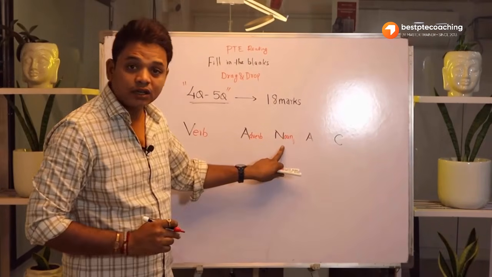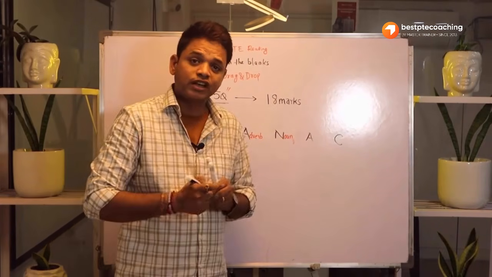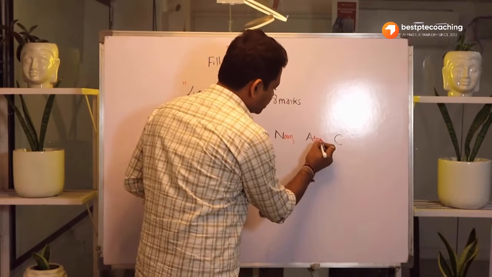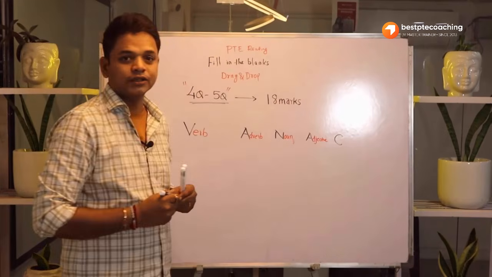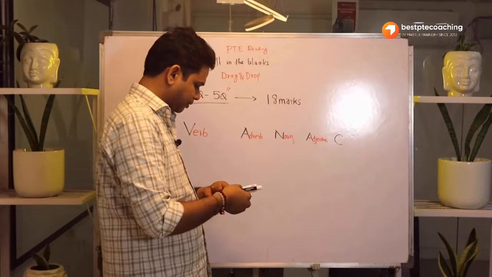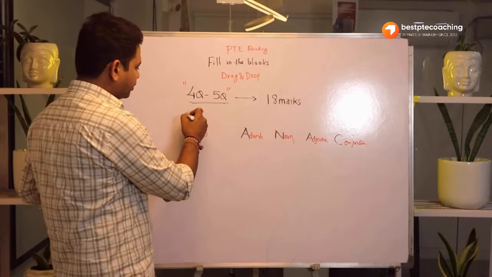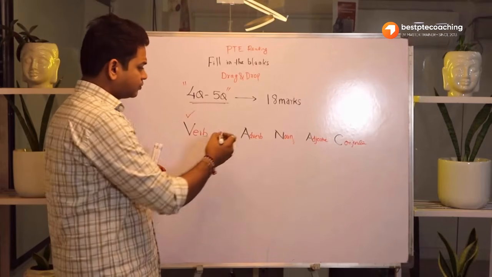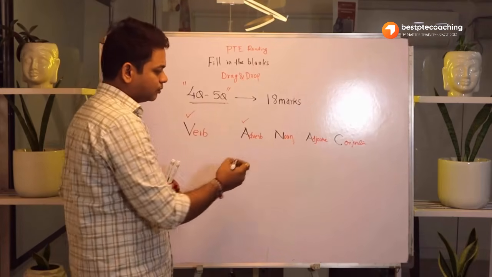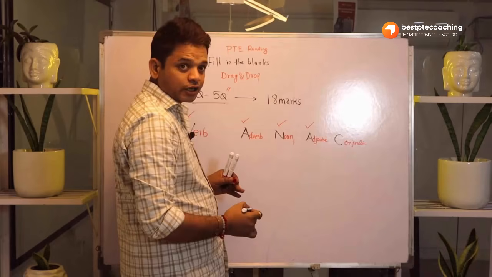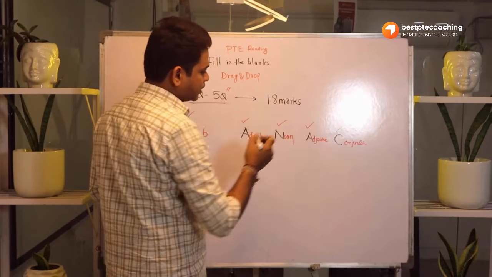The missing word can be most of the times what? Noun. The other one, the missing word can be what? Adjective. And the last thing, it can be what? A conjunction. So, V is verb, A is adverb, N is noun, A is adjective, C is conjunction.